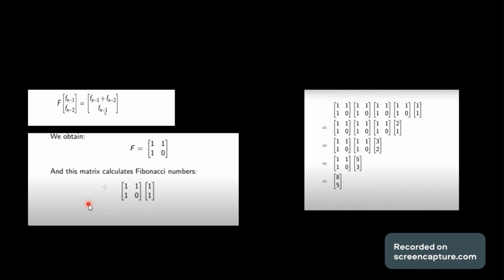Now, first of all, we are going to derive, as I would like to call it, a Fibonacci matrix. So let's see. Now, F is the Fibonacci matrix that's denoted by that, and I would multiply it to these terms. So this is the n minus 1th term and n minus 2th term. This could be 1 and 1, this could be 2 and 1, this could be 3 and 2.